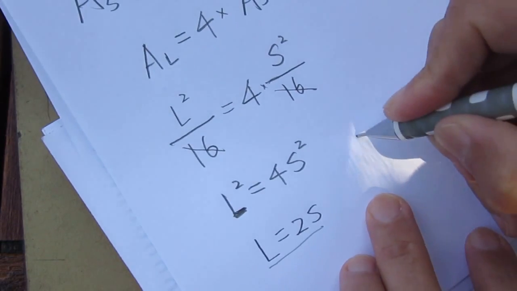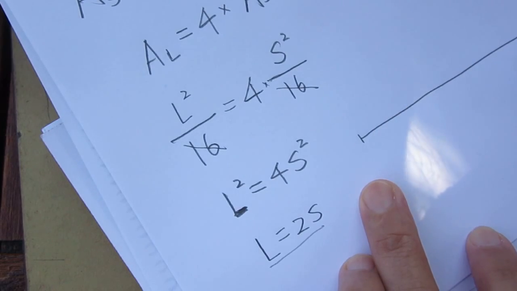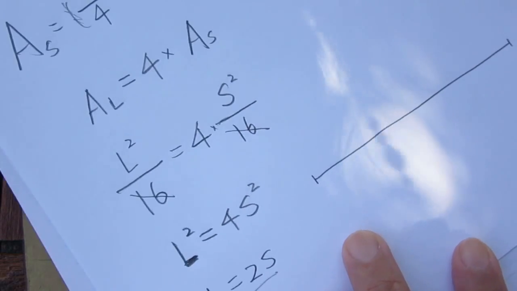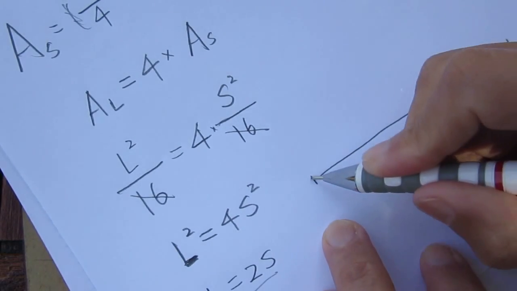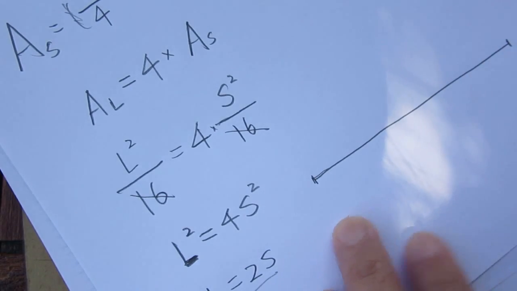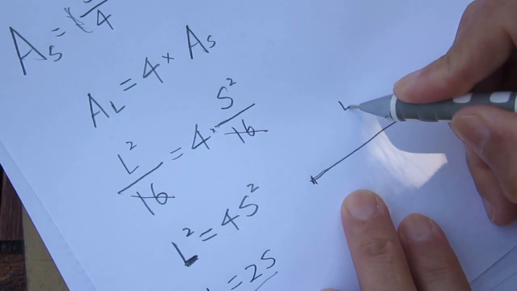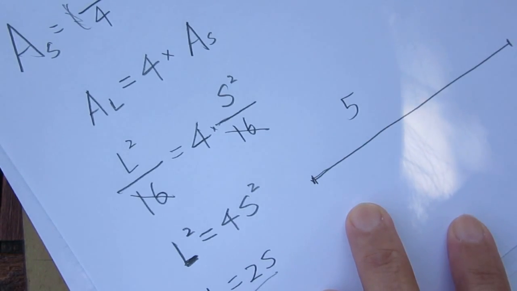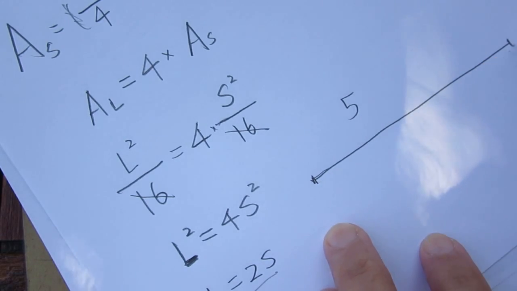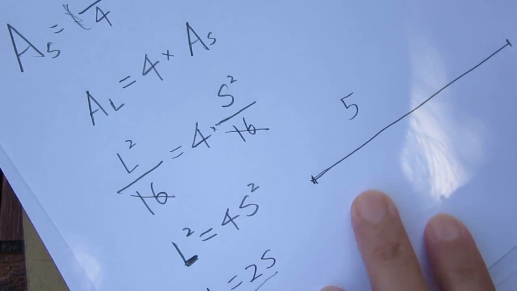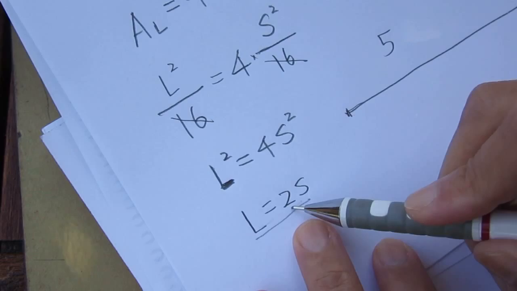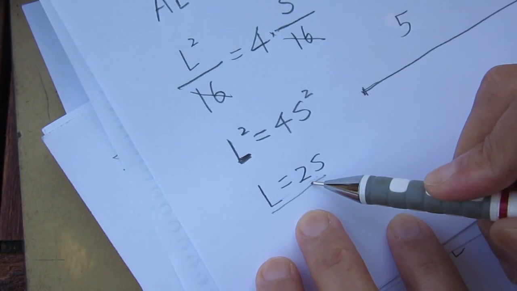Now let's come back to our problem. The total is 5 centimeter, and you need to cut it into 2 parts. And by cutting into 2 parts, you're actually cutting 3 parts, right?